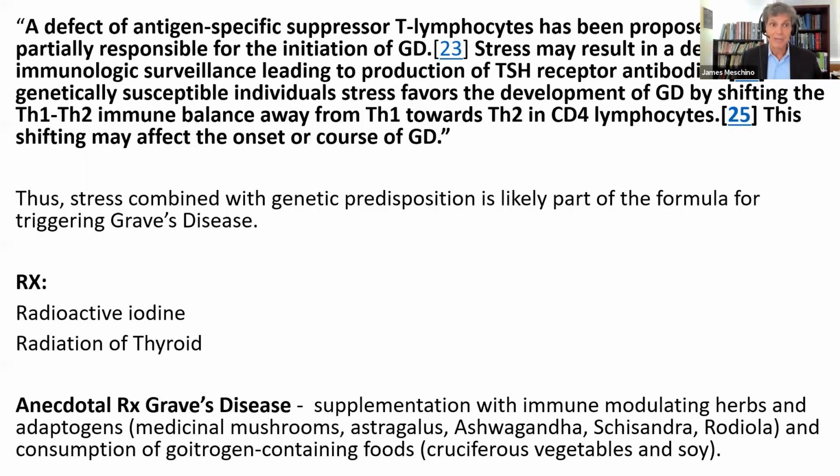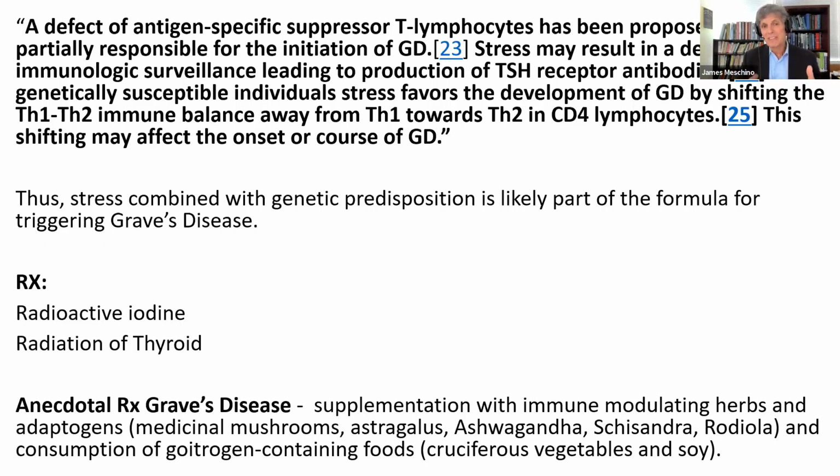So they think that a defect in the antigen-specific suppressor T lymphocytes has been proposed to partially be responsible for the initiation of Graves' disease. Stress may result in a defect in the immunological surveillance, leading to production of TSH receptor antibodies, so destroying those receptors in the thyroid gland.